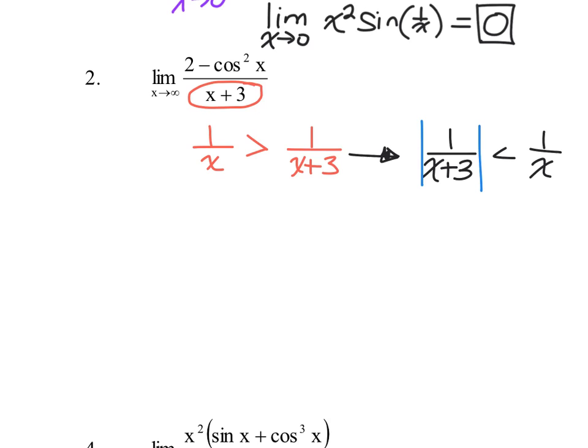And then eventually build towards the one that was given to us. So we know that if we slap absolute values on the 1 over x plus 3, it's going to give us a new compound inequality of negative 1 over x less than 1 over x plus 3 less than 1 over x.